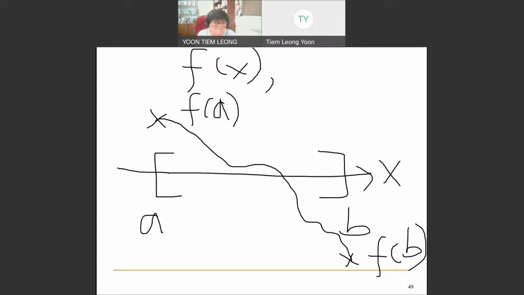So we are talking about a continuous function called f(x), and f(x) is defined in this closed interval of a and b.